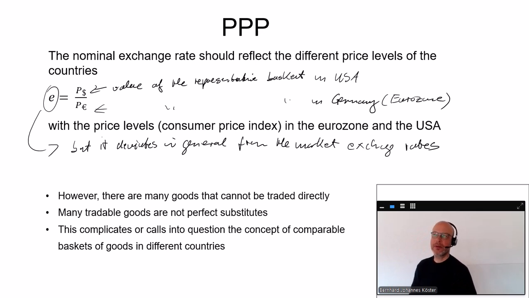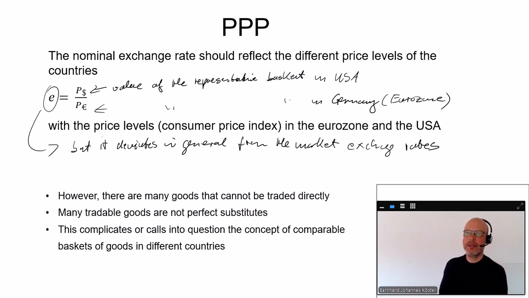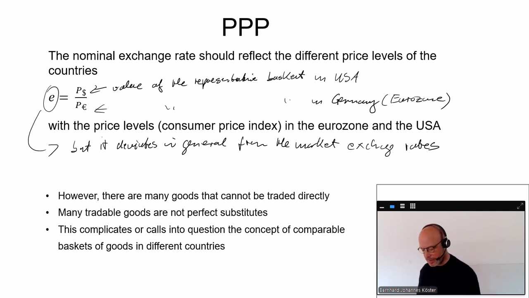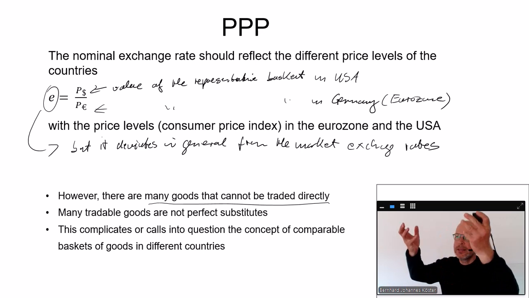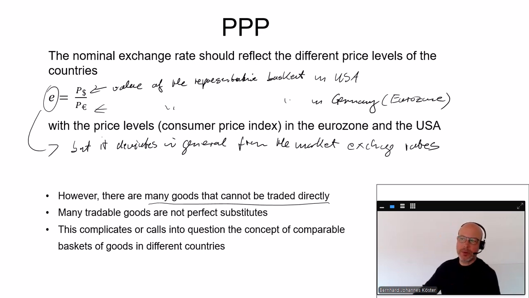Well, and one of the main reasons why this in general is only a theoretical concept is, of course, that many goods cannot be traded directly, or this will be more and more important, since we are raising the trade barriers right now.